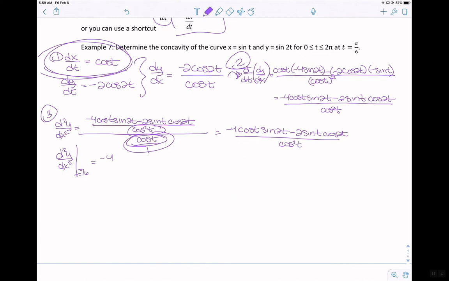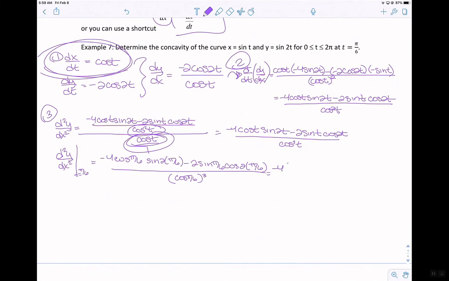Okay. So negative 4, I'm going to plug in pi over 6, so cosine of pi over 6, sine of 2 times pi over 6, minus 2 sine pi over 6, cosine 2 times pi over 6, divided by cosine of pi over 6, the quantity cubed.